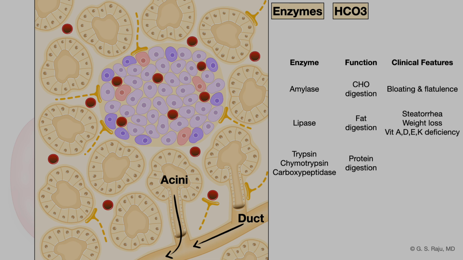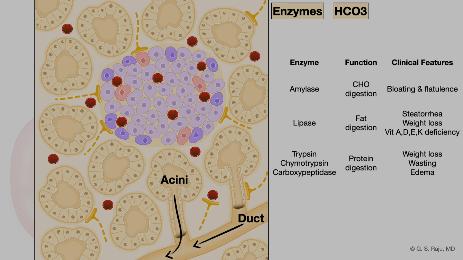If there's not enough synthesis and secretion of proteolytic enzymes, or protein digesting enzymes, you don't digest protein and you don't absorb it, so the patient may develop weight loss, muscle wasting, and edema because of hypoproteinemia.